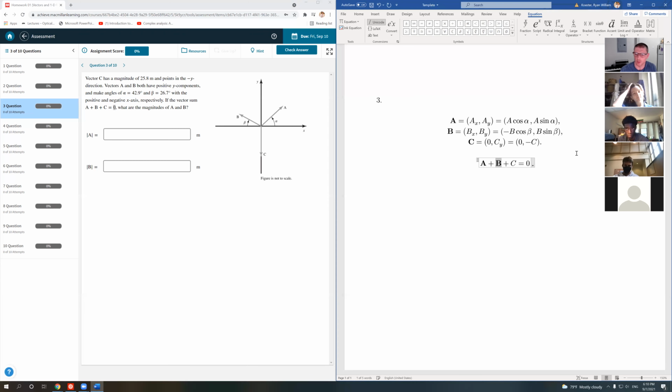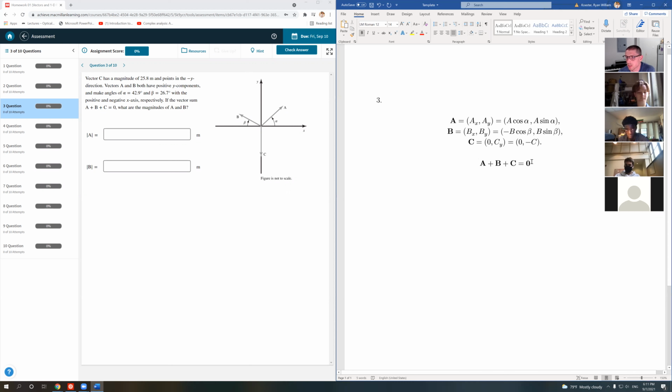Everything here is a vector, right? Because the only way you could have all the magnitudes add up to 0 would be if all the magnitudes were 0, because the magnitudes by definition are positive, right? I don't know if that tripped anyone up, but this is what I would write here.